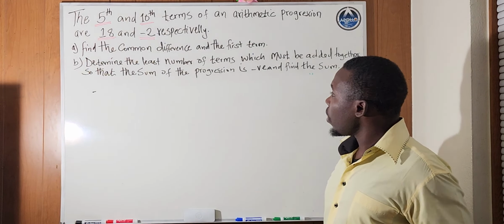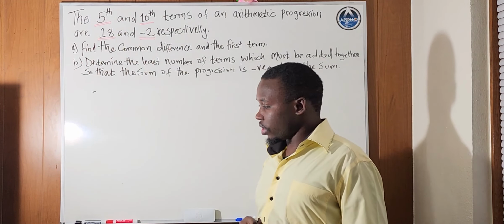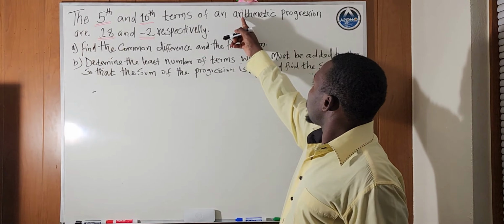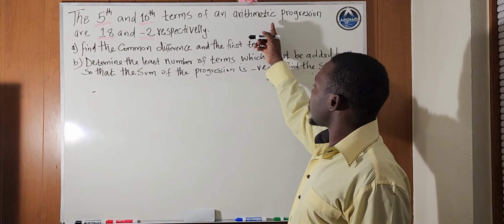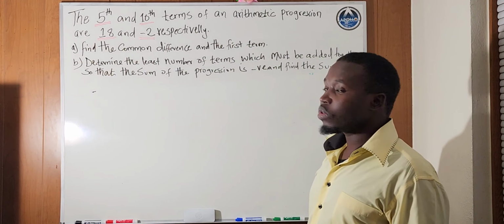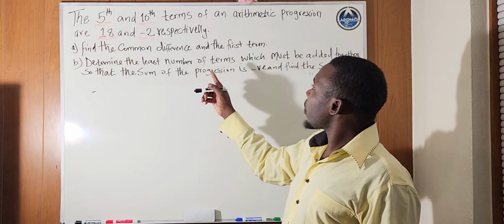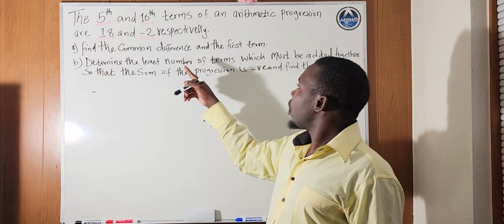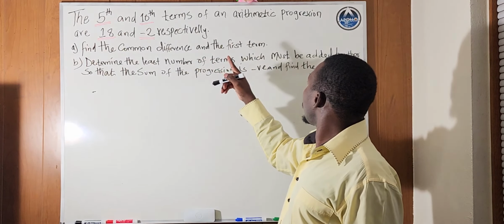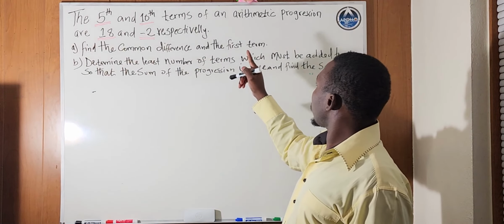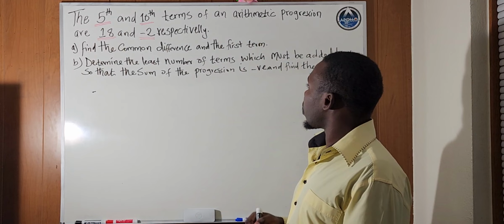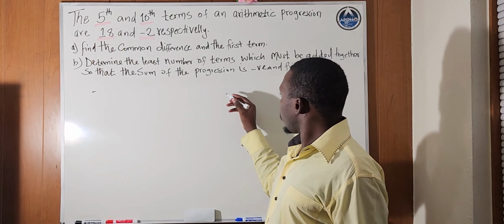We need to remind ourselves of the formula for finding the nth term of an arithmetic progression, and also the formula for the sum of the first n terms.